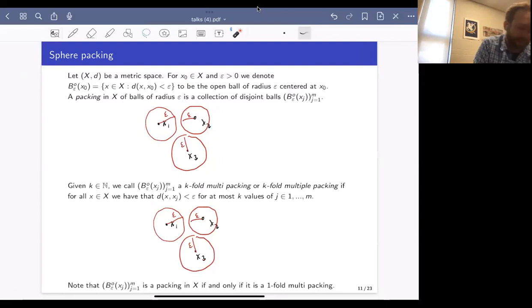a collection of balls is a k-fold multi-packing if I can now allow these balls to overlap, but at any point in my metric space, it's in at most k of the balls. And so normally when people look at packing problems, they want a bunch of disjoint balls, but we're going to talk about multi-packings, and now my balls can overlap. And so I can add more points into this packing.